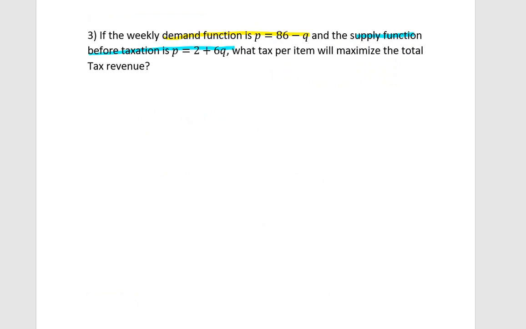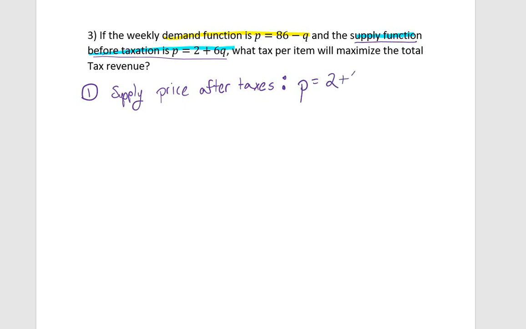So first, what we want to do is write the supply price after taxes. So our price for the supply function, that's that blue one here, is going to be p equals 2 plus 6q, but remember, we have to add taxes to it, so we're going to say plus t.